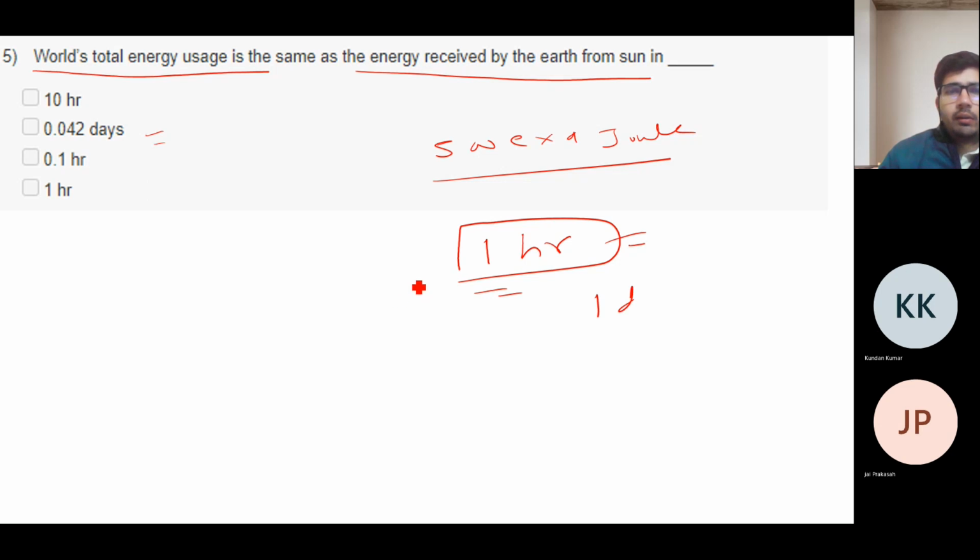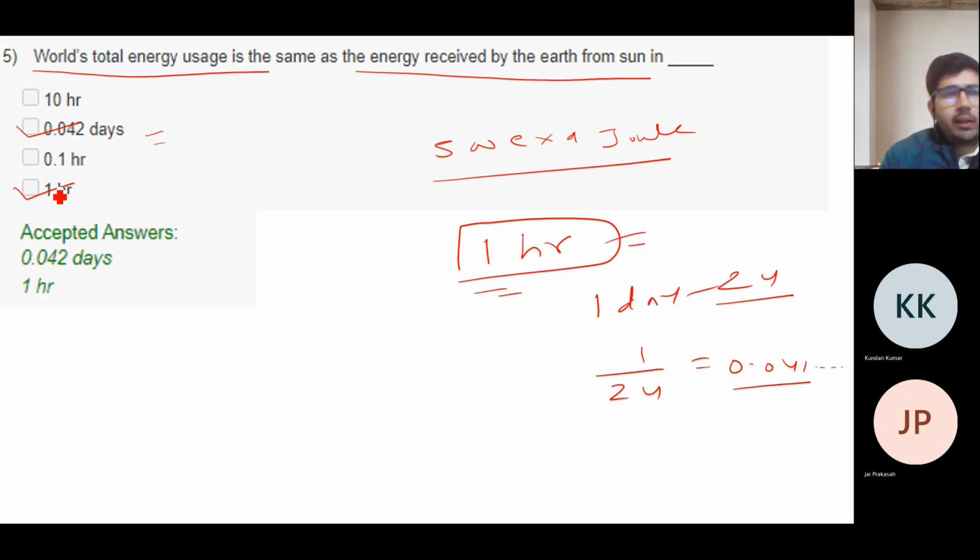In 1 day we have 24 hours, so divide by 24, it will come around 0.041 and something. So around 0.042 days is also correct, and 1 hour is also correct. So the correct answers are 0.042 days and 1 hour.